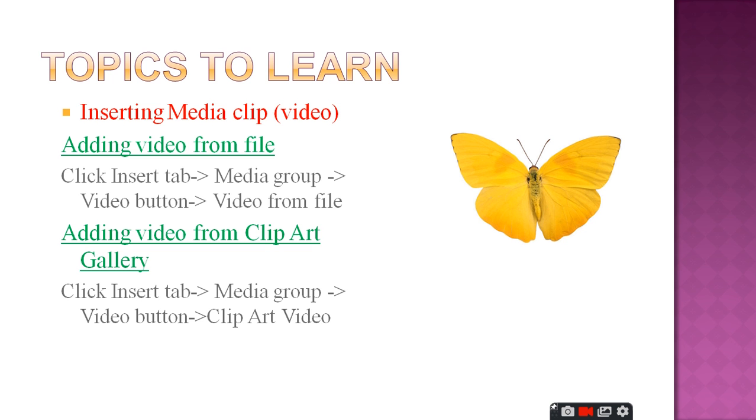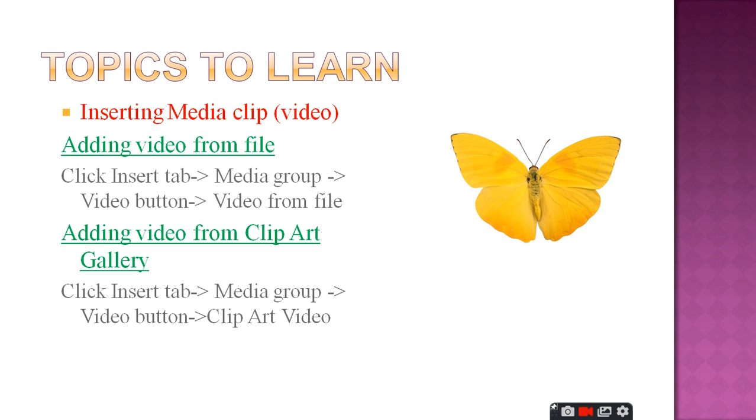Click on the Insert tab. The Media group will be available. From the group, click on the Video button. It will show you two options: video from file or clip art video. To insert video from file, click on the Video from File button. It will open the Insert Video File browser window.